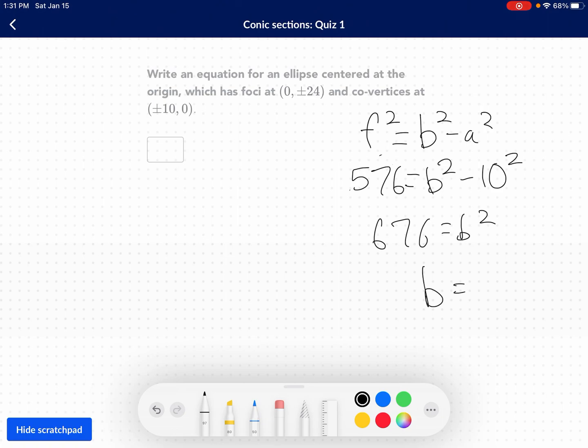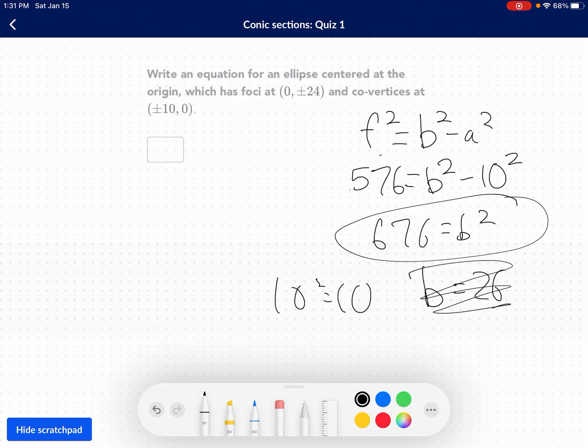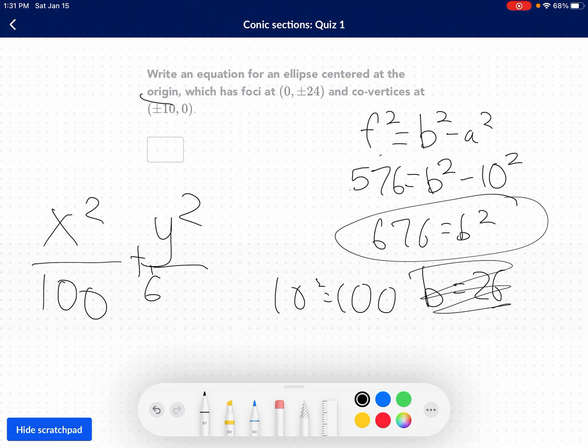So b equals 26. But we don't need to find this because the equation only needs b squared. And also 10 squared equals 100. So it's x squared over 100, because that correlates with the x value, plus y squared, and again this is at the origin, y squared over 676 equals 1.